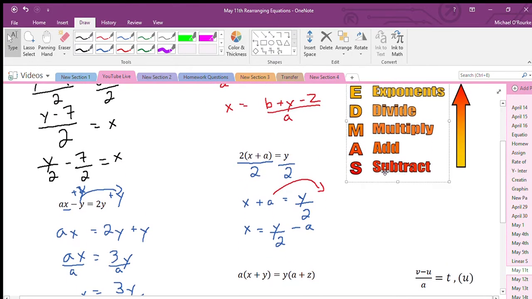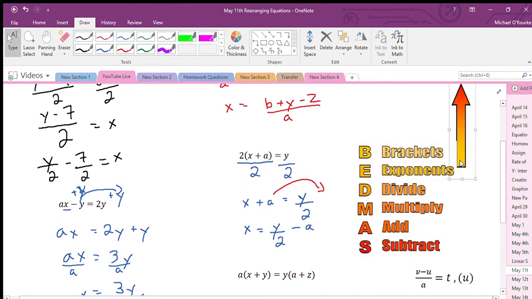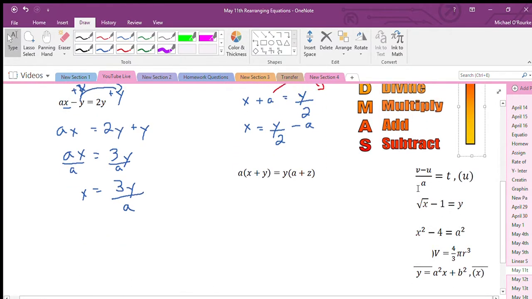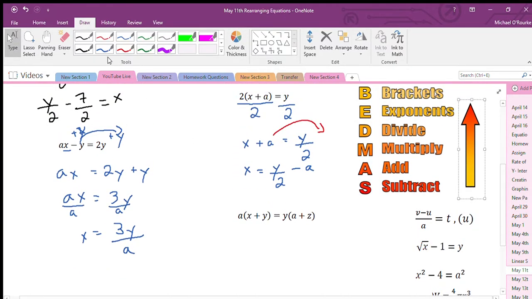If I bring down my BEDMAS again, that's what we're working backwards on whenever we're trying to isolate. We're trying to find x here. This is already on this side, so we're back to the same place. We have a multiplied by this, because you would distribute, right? So it's a multiplication.